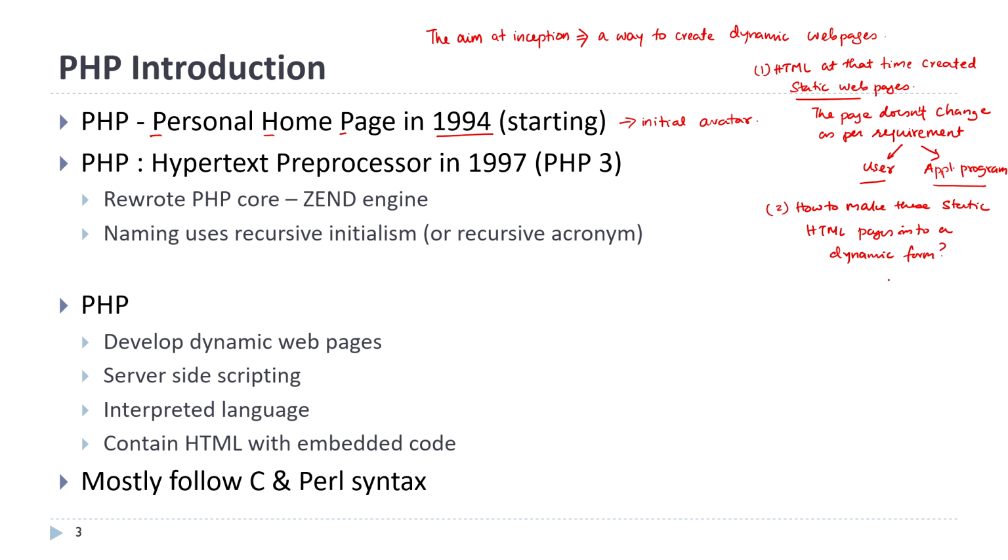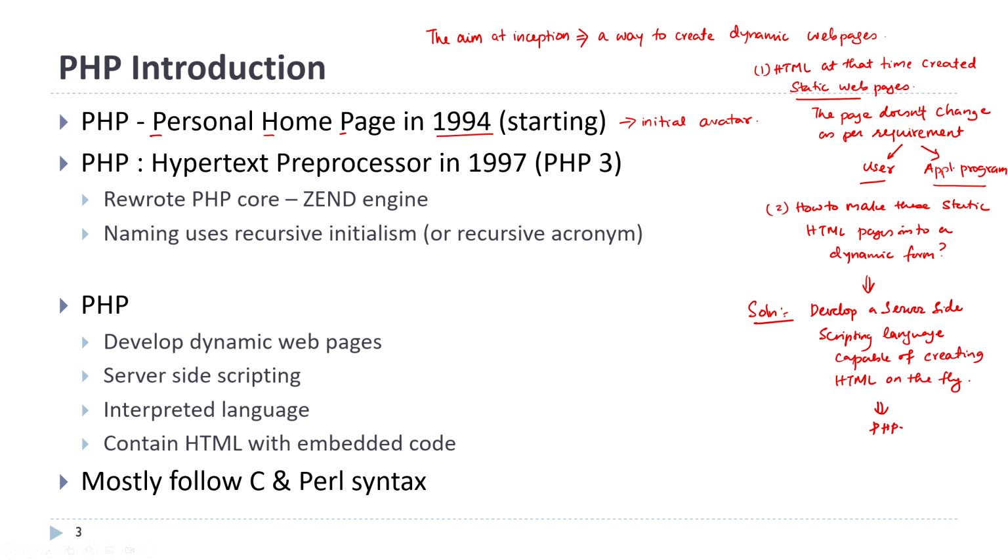From there, what was created was a server side scripting language capable of creating HTML on the fly. So, this was the solution that was thought through, and that gave rise to PHP originally. That is how PHP originated.